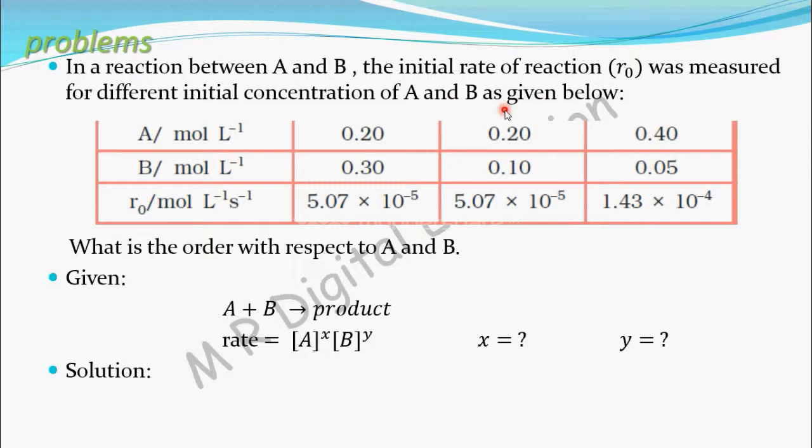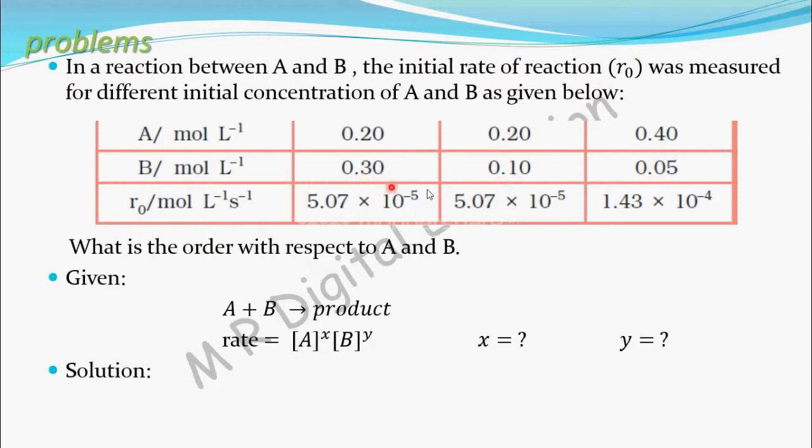Now see how much the rate is changing. You are keeping concentration of A constant and you are decreasing the concentration of B from 0.30 to 0.10.